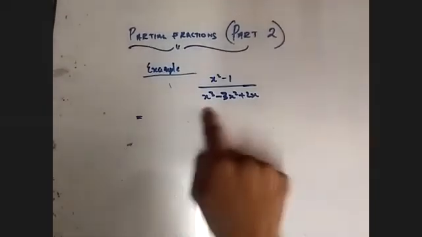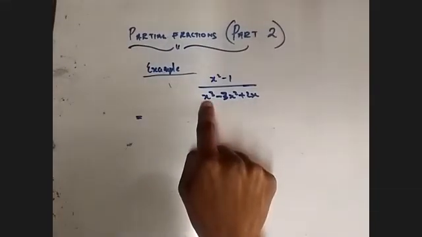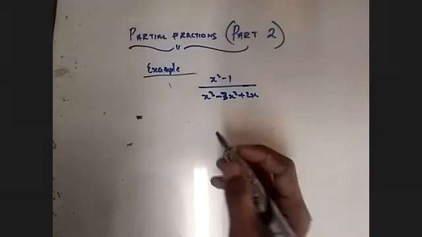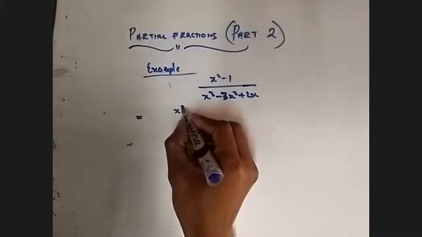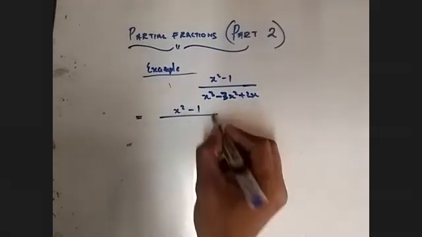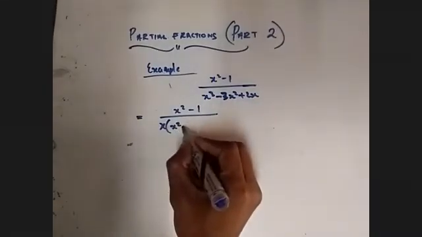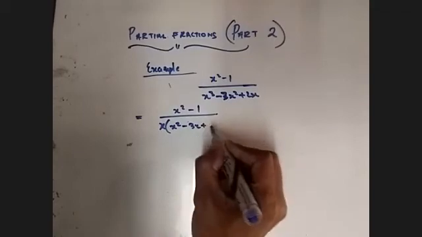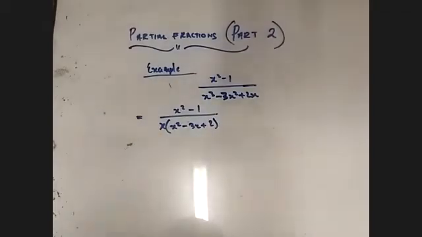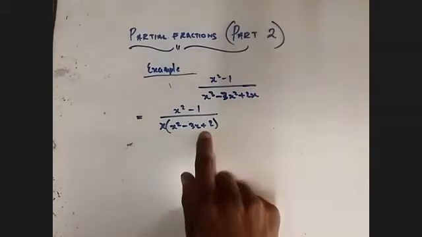In the denominator, I'm seeing a common factor x. So at the numerator, we've got something like this, and the denominator, I've got an x, which is common throughout. So I'm left with x squared minus 3x plus 2.